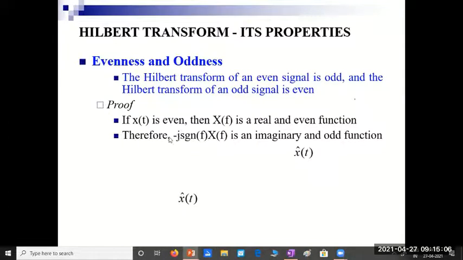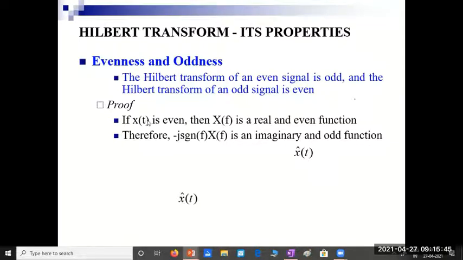Remember the equation I told you: minus j signum of f into x of f. Since I'm multiplying this with minus j, it becomes an imaginary function. X of f was real, and because of multiplication with minus j, now x cap of f becomes imaginary, and signum of f is an odd function. When you multiply an even function with an odd function, the resulting value will be an odd function. Yes or no? I hope you're following this.